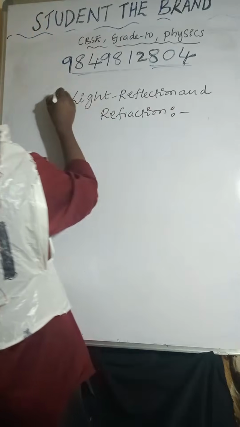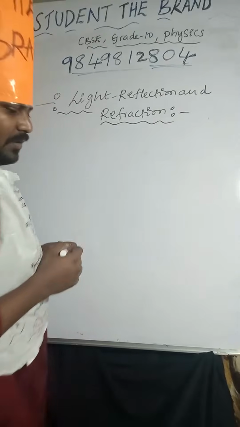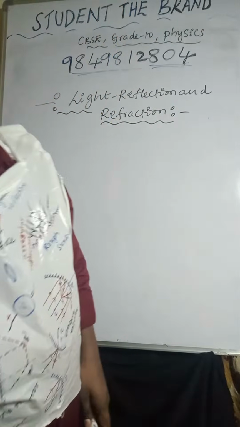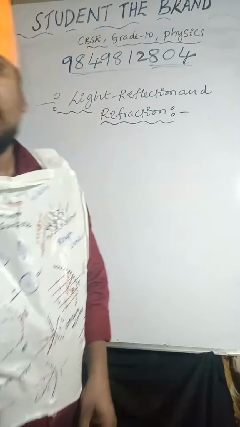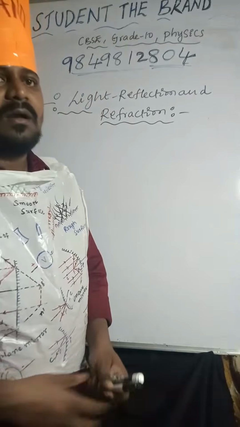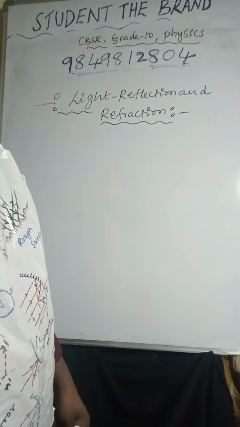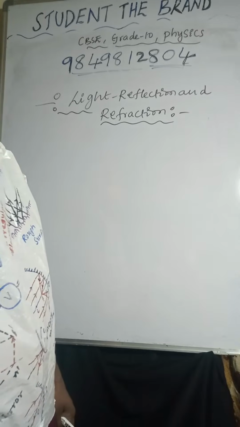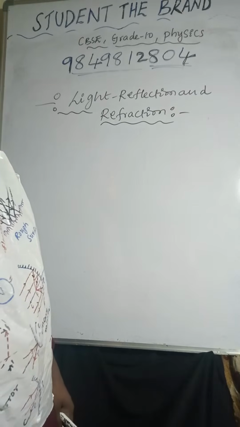When light is incident on the surface, after reflection it moves in the same medium. Light is a form of energy which gives the sensation of sight. Already we know that.